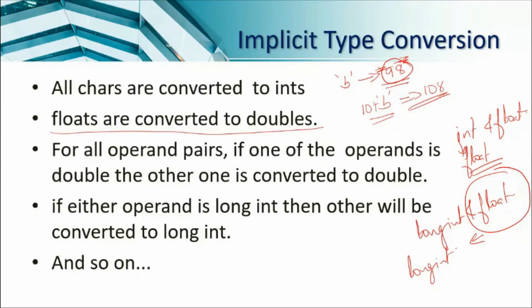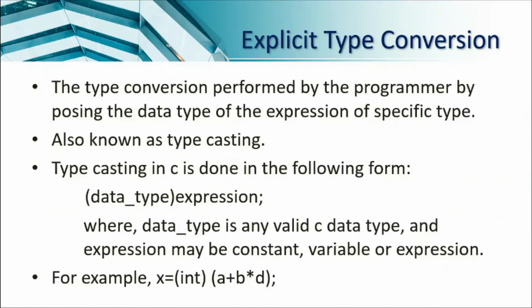That is how data type conversion happens. It is converted into the largest type within that expression. In an expression containing long integer and float, long integer has a higher range of values, which is why it is the larger of the two.